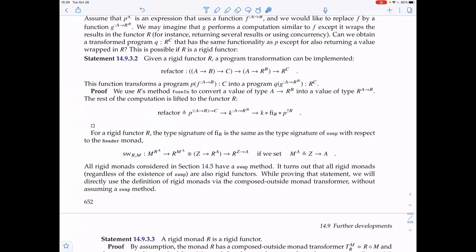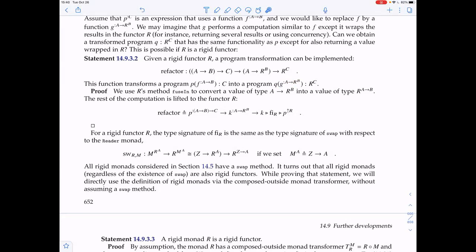And there are some other interesting applications, like if you have a program that has this sort of type, so it uses a function f. So you have a program that has the value c, and it uses a function f inside. And you want to replace f with a function of this sort that returns a monad.